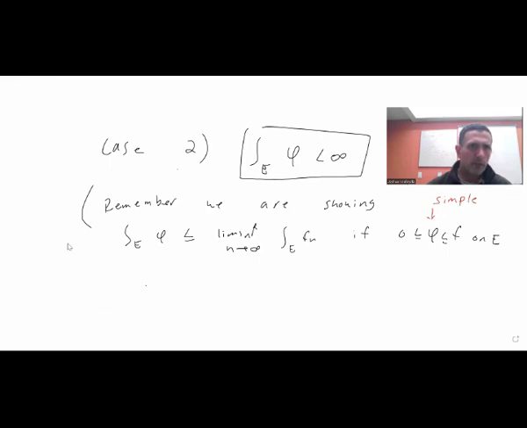So what I need to do first is excise the 0 set. So in particular, let E0 be the inverse image of 0. So a set of all x in E where the var phi, my simple function, is 0.